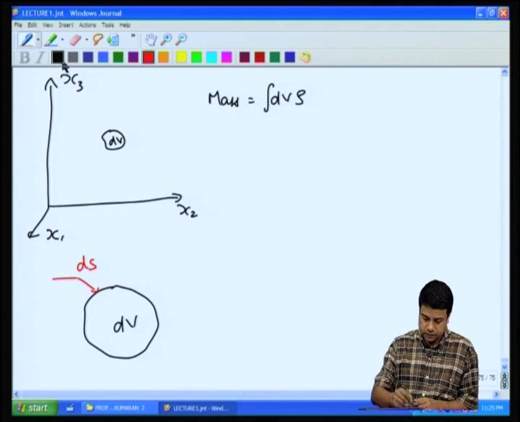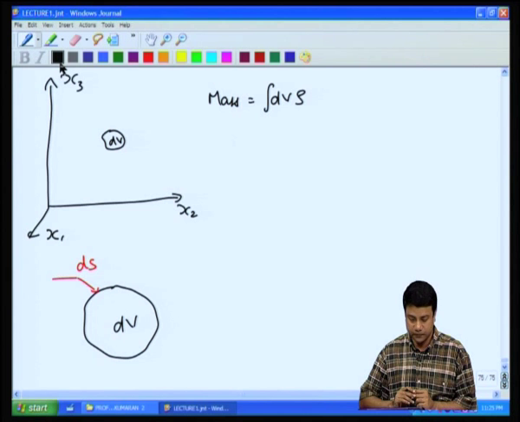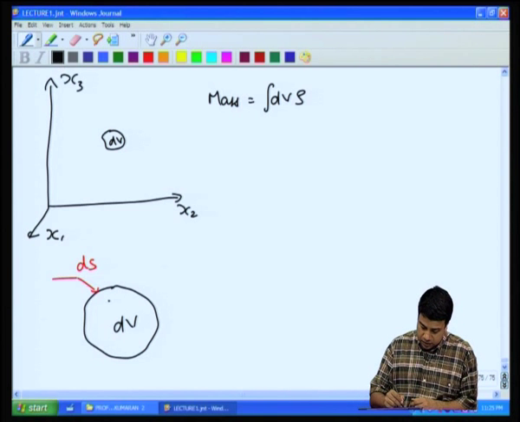Now, this volume itself is a function of time. This is a fluid material volume. As time progresses, the fluid particles within this volume will move, and those on the surface will also move.